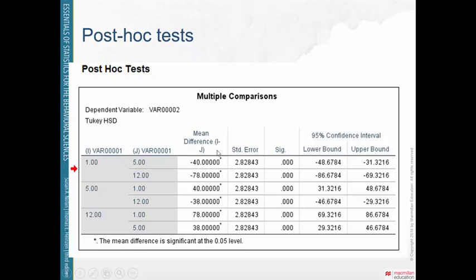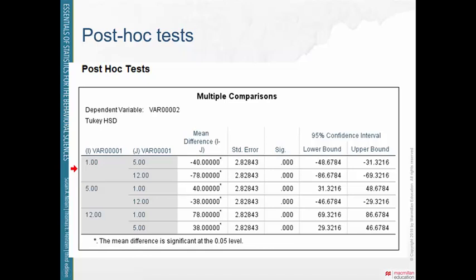You don't have to worry about standard error. This is the only other column you have to worry about. So you have to look at the comparison, the mean difference, and then this sig, or significance value. Remember, we have our significance, our alpha level, usually set at 0.05.